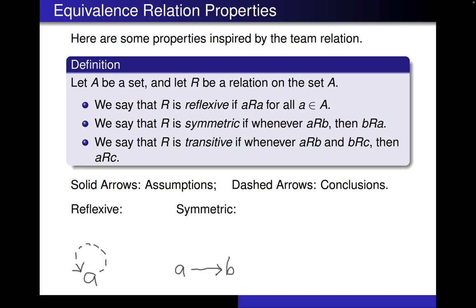So for symmetric, what we are assuming is that A is related to B. That's why we have that solid arrow. And then what we can conclude is that B is related to A. So if A is related to B, then B is related to A, which means our dashed arrow is going to go from B to A. And then our transitive property is very similar. The if part is we assume that A is related to B. We assume that B is related to C, and then we can conclude that, dashed arrow, A is related to C.